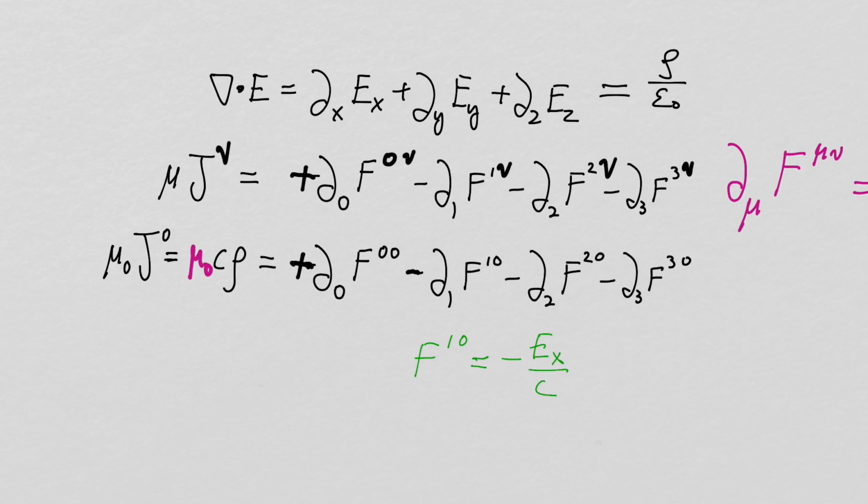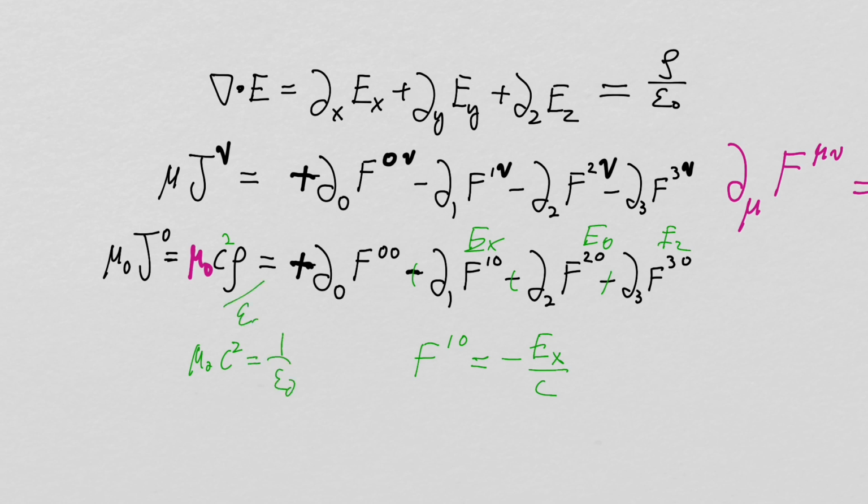When we do that, you can almost immediately see these minus signs become plus signs. This becomes Ex, this becomes Ey, this becomes Ez, and we have a 1 over C with each of these. We move this 1 over C to this side, and we get our C squared, and voila, mu naught C squared does in fact equal 1 over epsilon naught.